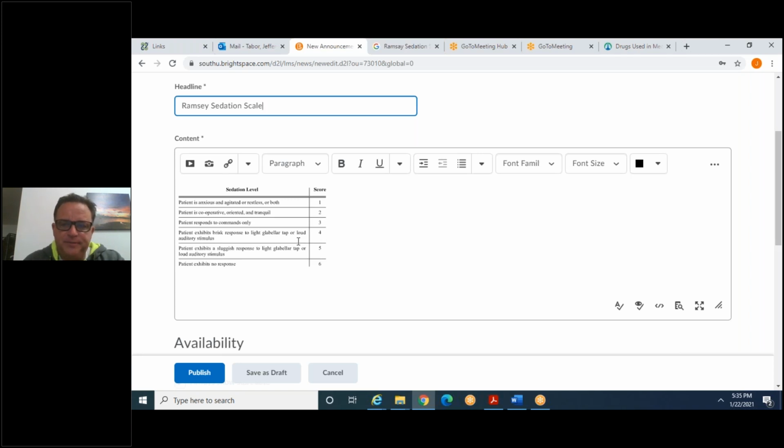Now, if the patient does have orders for extubation, as the RN, you've got to be ready for this, okay? You need to have suction and a Yankauer suction catheter ready at the bedside. You need to have a towel that you can place over the patient's chest, because there's going to be a lot of secretions the patient may have. You're going to need to elevate the head of the bed.